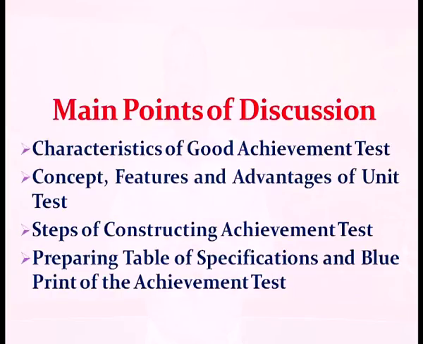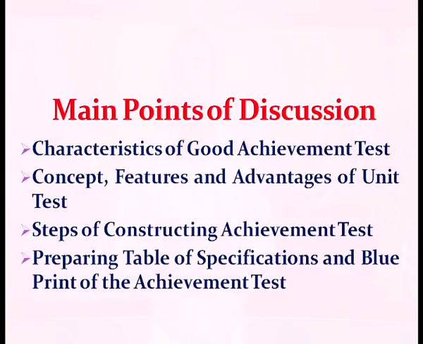First, we will discuss the characteristics of a good achievement test. What are the qualities of a good achievement test? What do we mean by the unit test concept, what are its features and advantages? That will be taken subsequently, and then we will discuss the steps of constructing an achievement test.